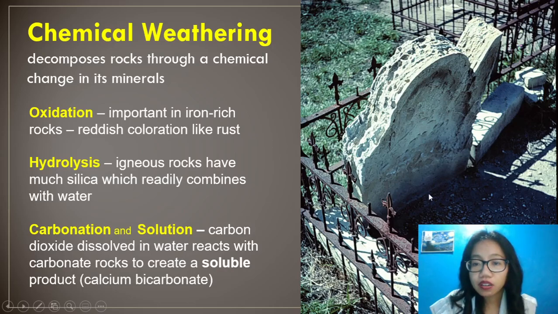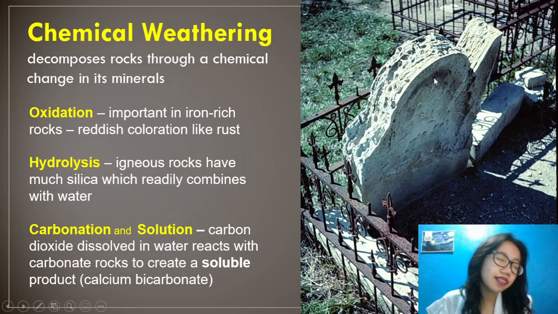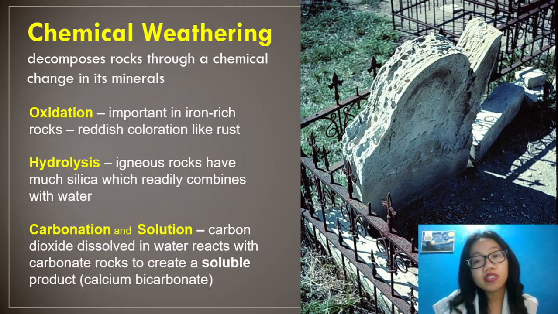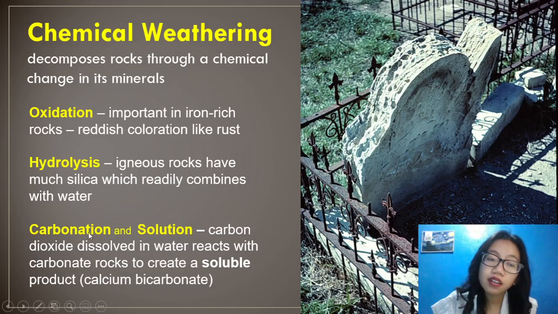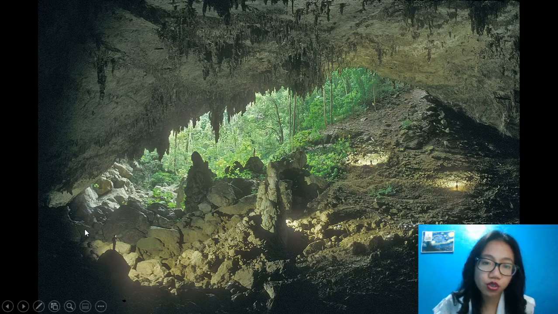Okay, so here in this picture, you will see that it used to be a tombstone, but you cannot even tell anymore what has been written in this tombstone because of the carbonation and solution reaction.